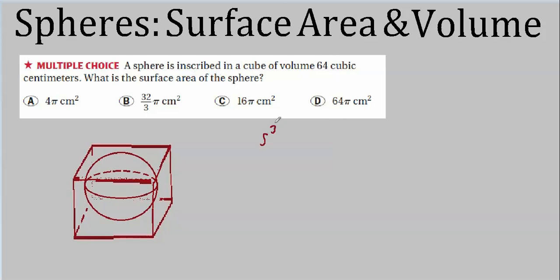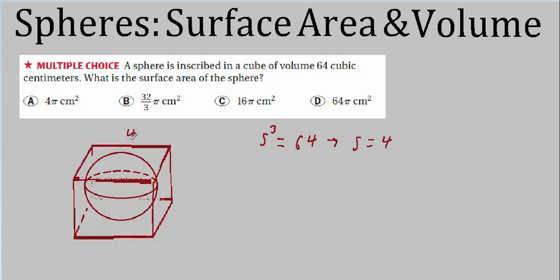Well, since we have a cube, one side length to the third power, or cubed, should be 64. Well, 4 cubed is 64, right? 4 squared is 16 times 4 is 64. So we have that s equals 4.